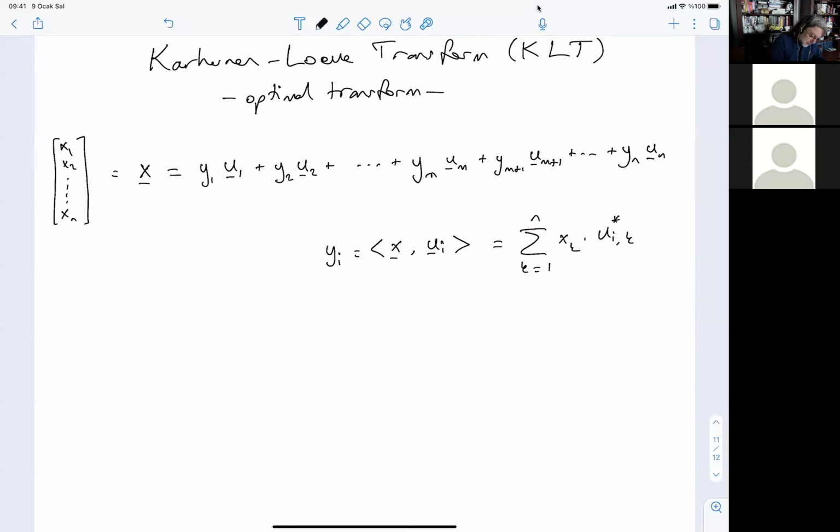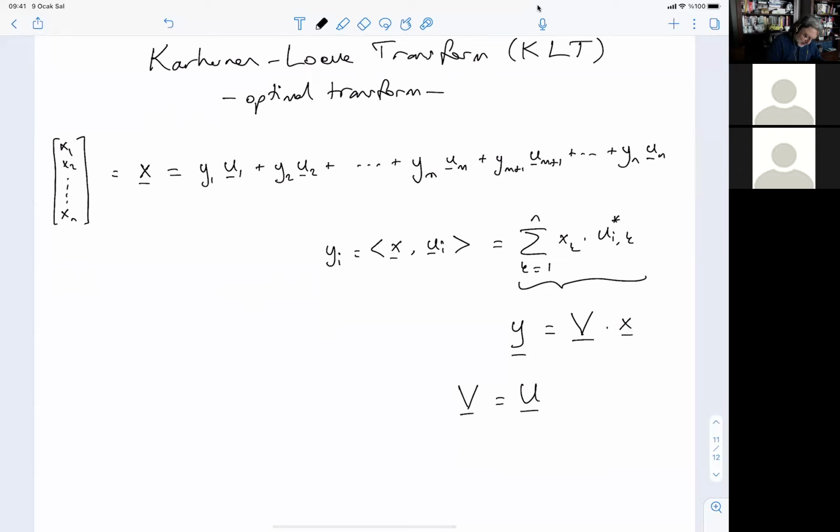And from here, we see that this kind of a summation essentially makes the y vector to be constructed in general using a matrix I'm going to call V times the x vector, where V is a matrix, and the V matrix is constructed as the conjugate of the u vector.